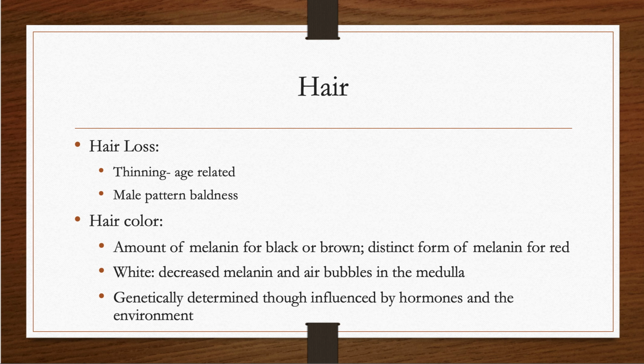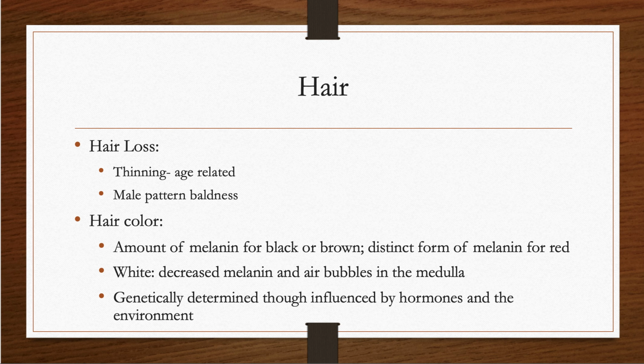Your hair color, if you have black or brown hair, is determined by the amount of melanin produced. There is a distinct form of melanin for red hair, but for other hair colors, it's based on the amount. If you have white hair, that is a decrease in melanin, so often that is age-related as well.